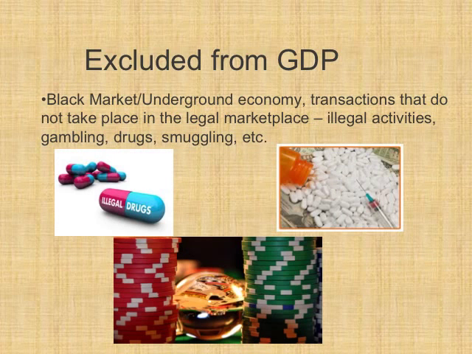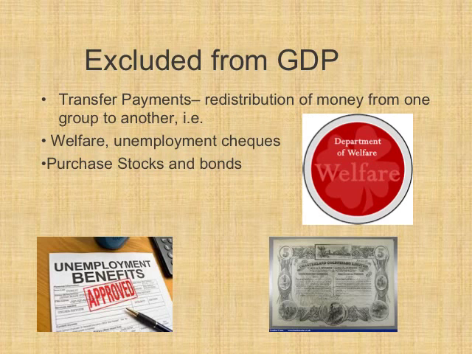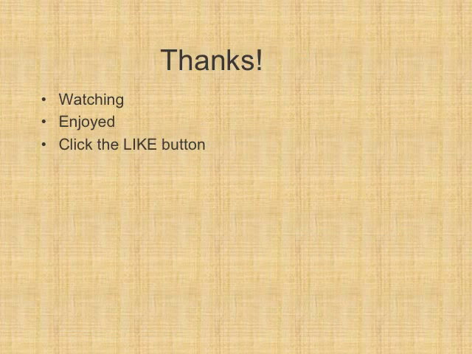GDP excludes items produced and sold illicitly, such as illegal drugs. Government spending on transfer payments such as pensions and unemployment benefits are excluded from GDP because it is not made in exchange for currently produced goods or services.